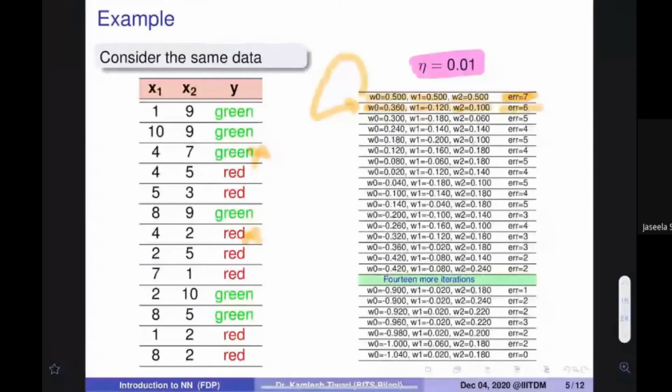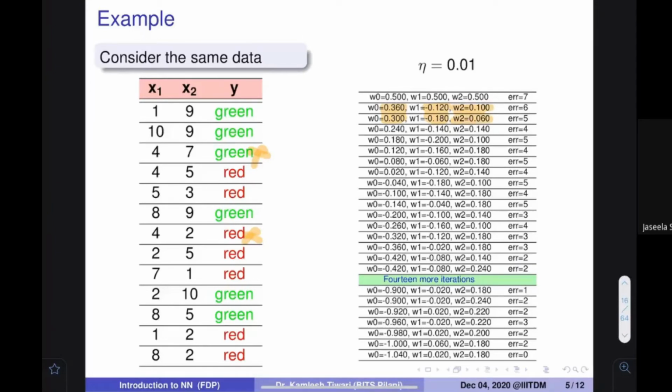Can anybody see this? Yes. Then again you modify the parameters. 0.36 becomes 0.30, minus 0.12 becomes minus 0.18, and so on.